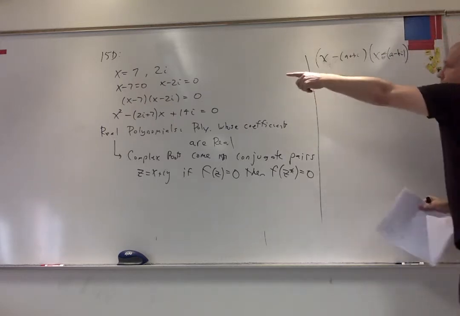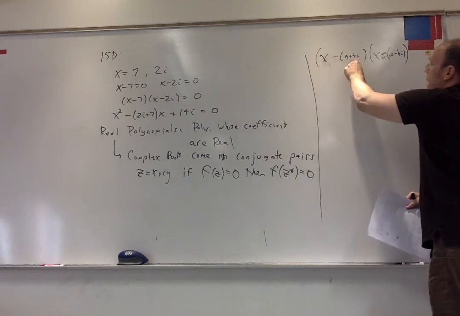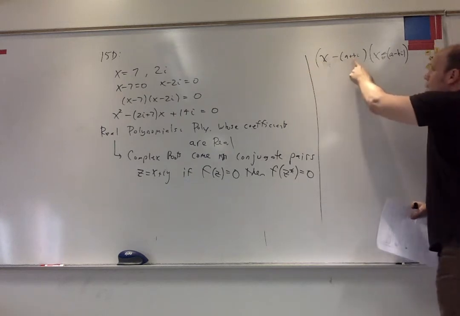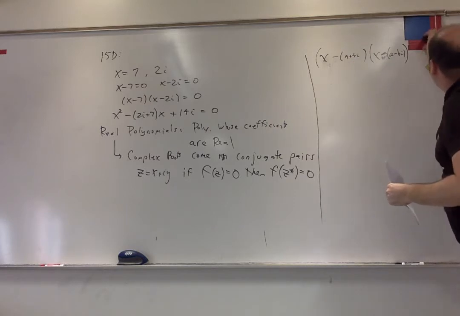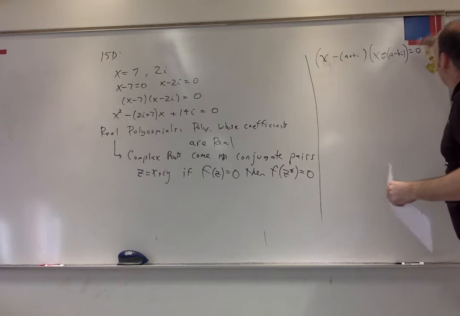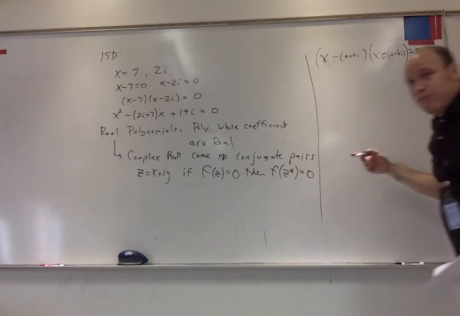So if the roots of the quadratic are a plus bi and its conjugate, we can work backwards, and that's equal to 0, right?